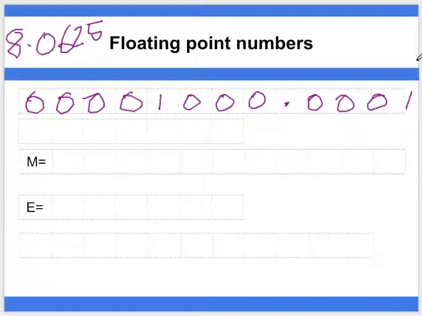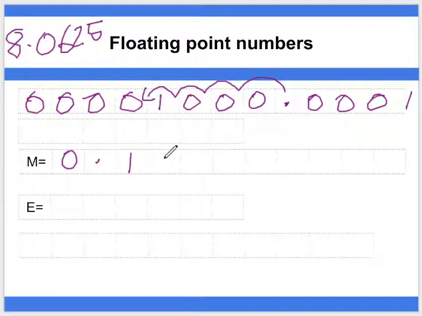Now I need to move my decimal place to the left by an appropriate number of places. So I'm going to go 1, 2, 3, 4 here, because my normalized floating point number is going to begin 0.1. It always begins 0.1, and then I write this out here.